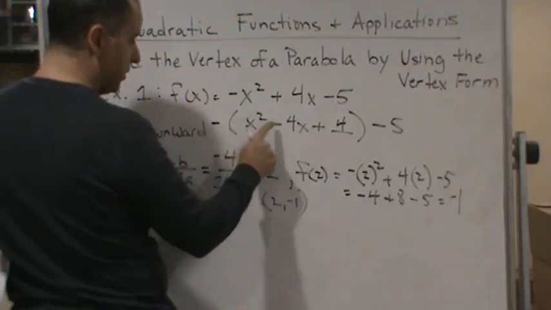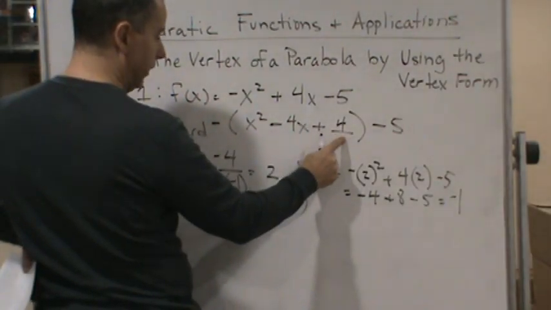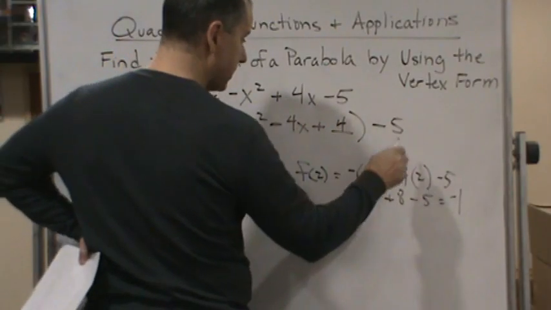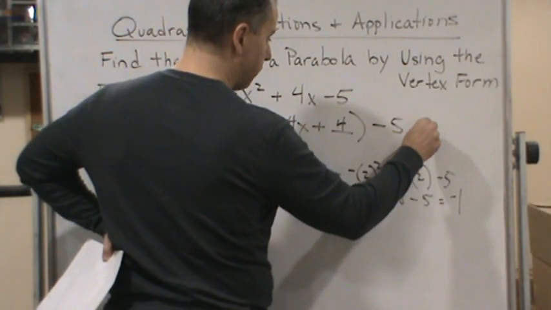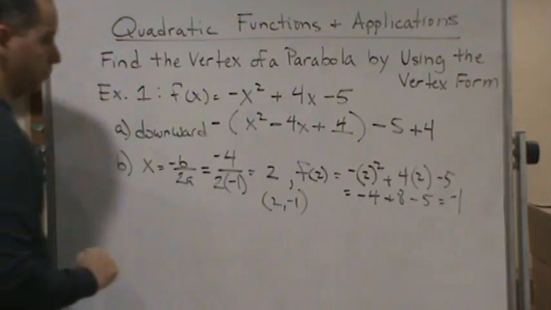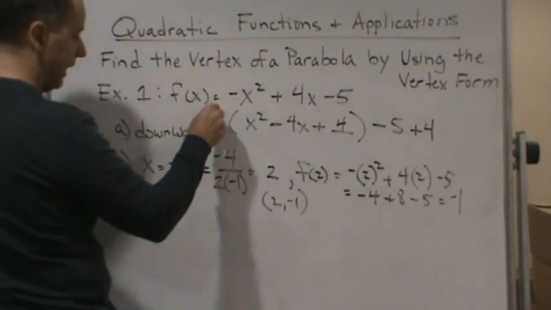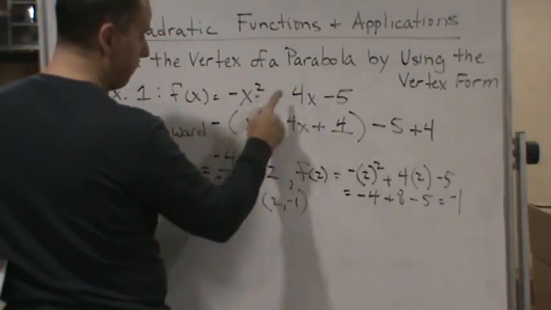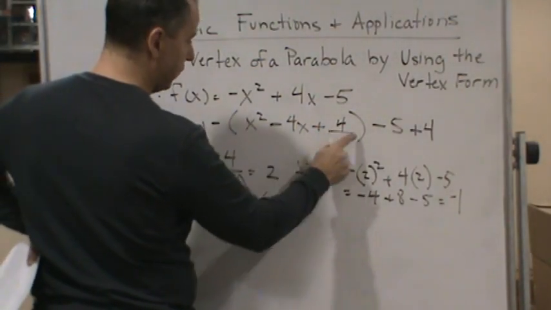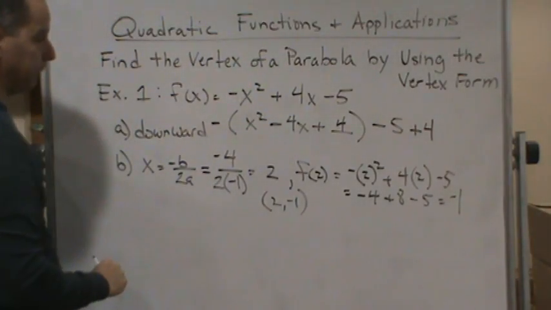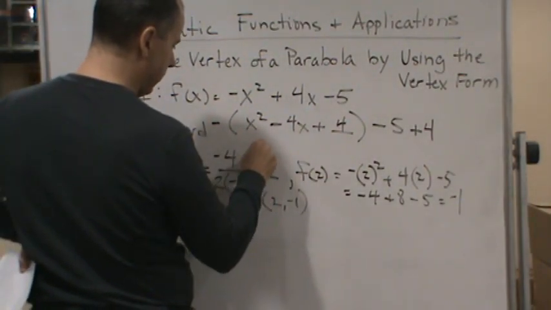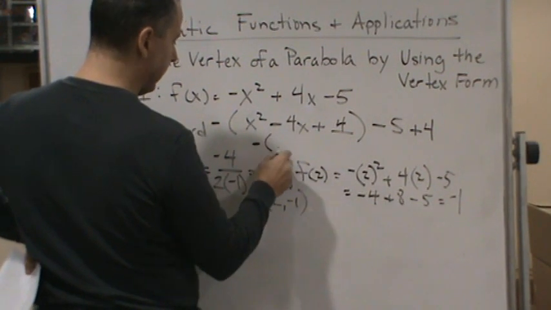So if I distribute the negative to here, that means this is going to become a negative 4, which means I really have to put a plus 4 out here. Don't ever forget about what you're factoring. If you ever have to factor something, you've got to make sure that you're distributing. So you've got to keep that in your mind. Now I've got a perfect square here, so this is going to become a minus, a negative quantity.